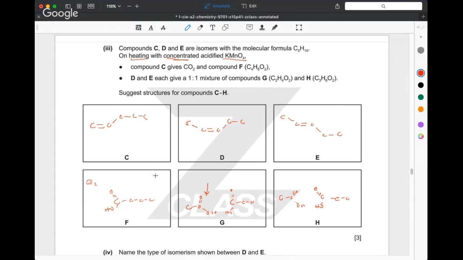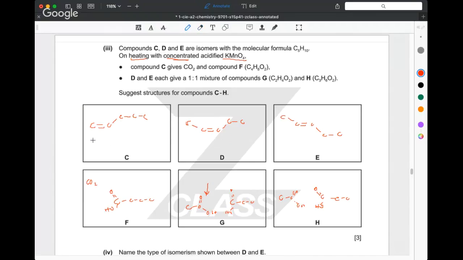So you've got to put in at each of these stages these structural formulas rather than the fully displayed formulas or the skeletal formulas. So that means this one in here, you're going to be writing H2C, well, you'd be writing this, sorry.